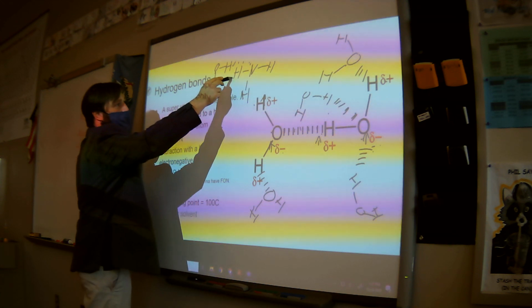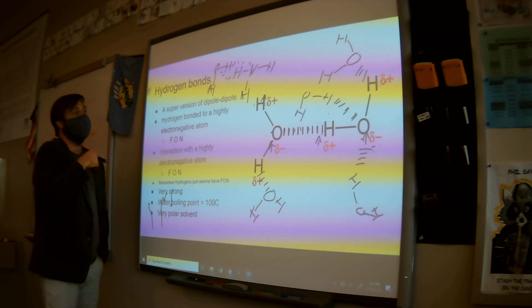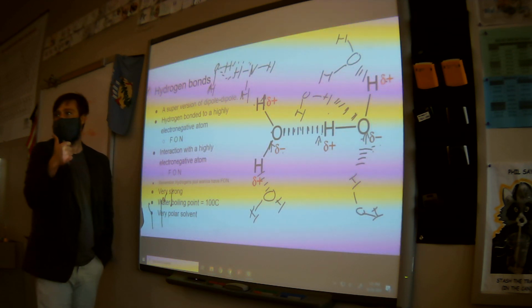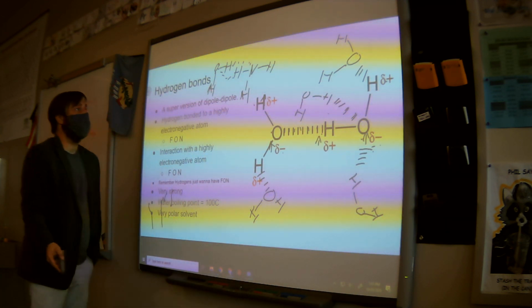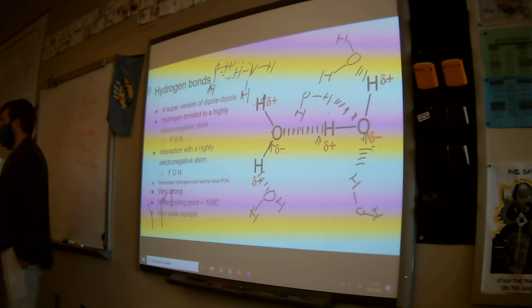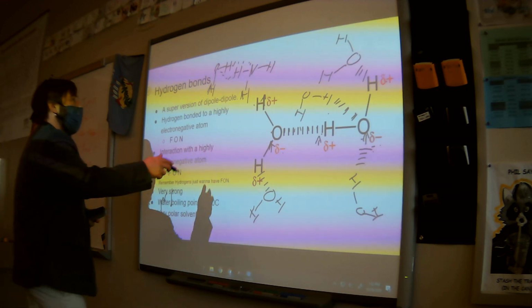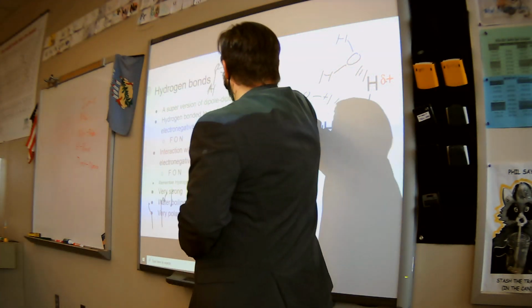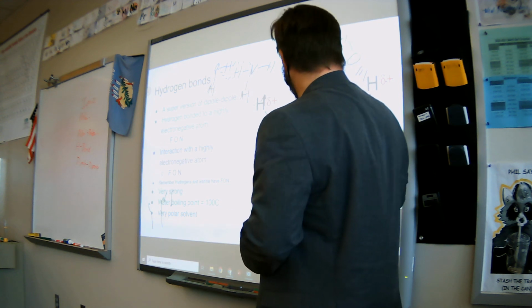This hydrogen will interact with the oxygen. You all good? The more interactions you got, the stronger it is. But then again, how many things are there? Well, we'll get into it.